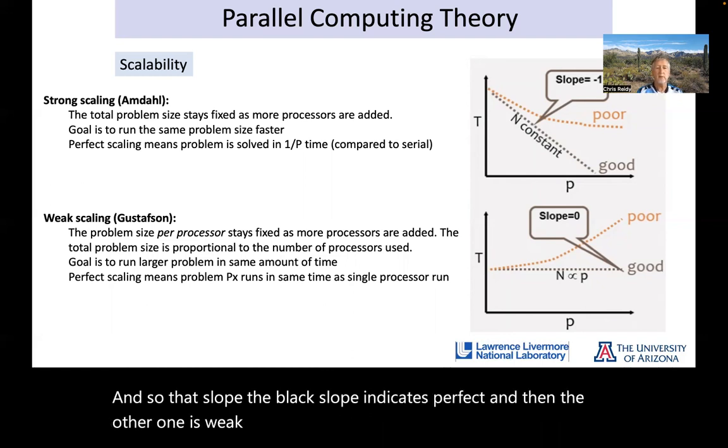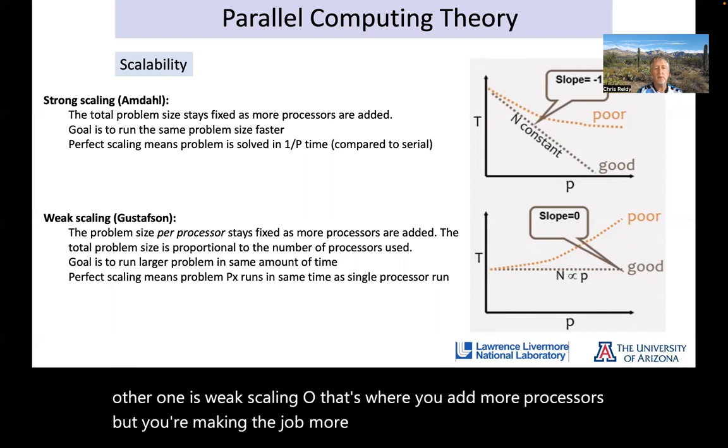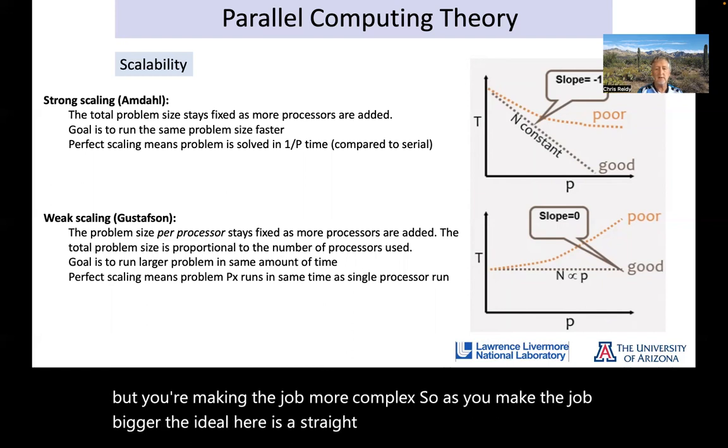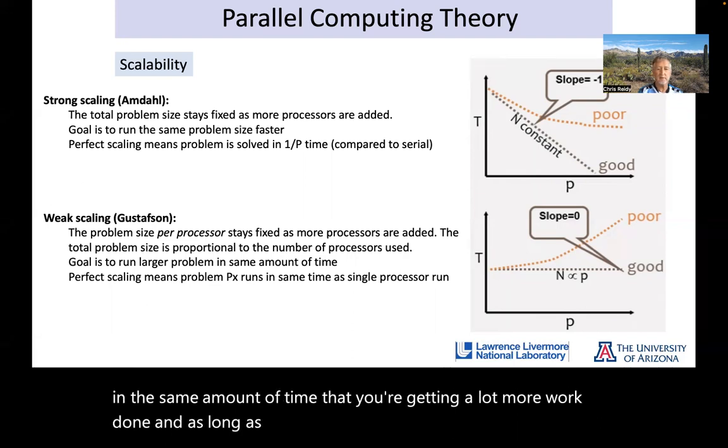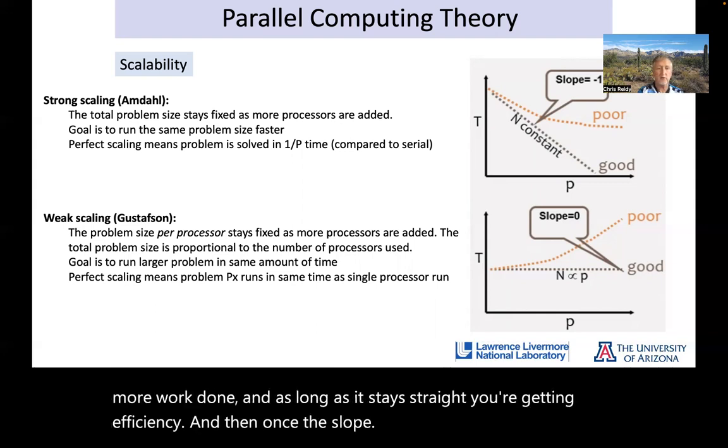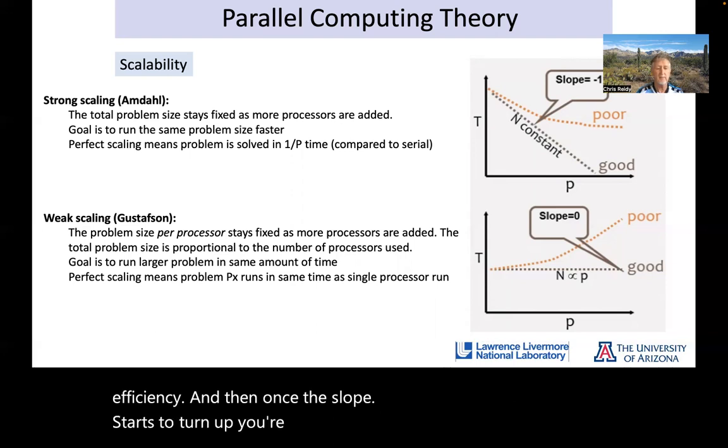So that's where you add more processors, but you're making the job more complex. So as you make the job bigger, the ideal here is a straight line. So it requires the job will run in the same amount of time, but you're getting a lot more work done. And as long as it stays straight, you're getting efficiency. And then once the slope starts to turn up, you're losing efficiency.